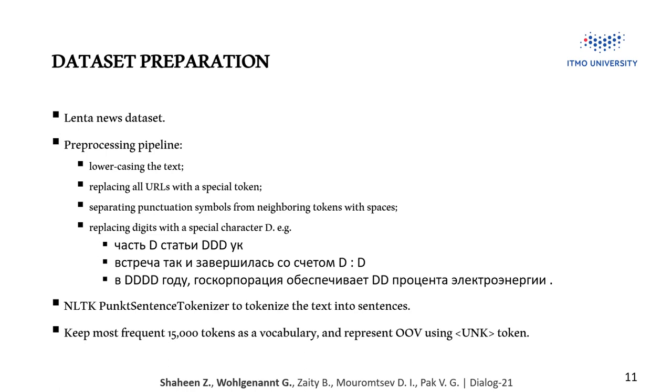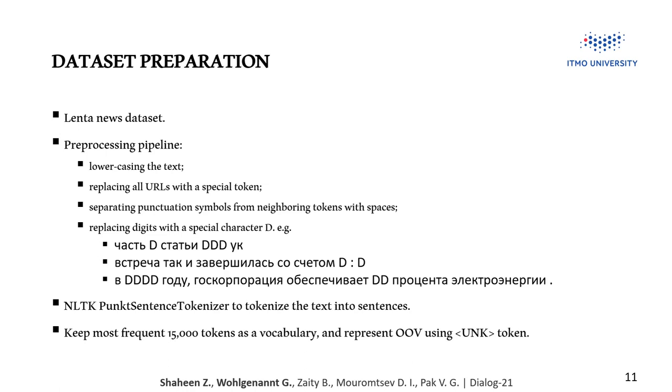We pre-processed the texts in this dataset by lowercasing the text, replacing URLs with special tokens, separating punctuation, and replacing digits with a special character D. This will allow us to capture meaningful representations for numerical tokens such as D, or 3Ds, or 4Ds, and so on.